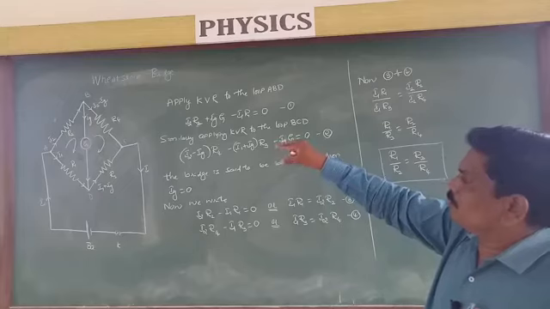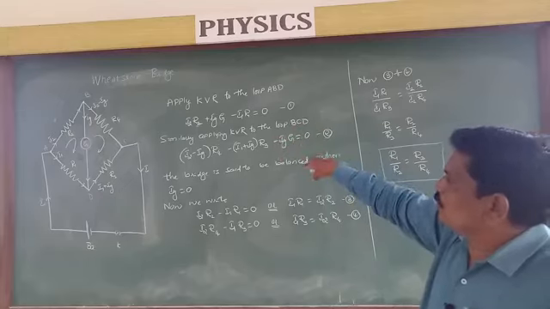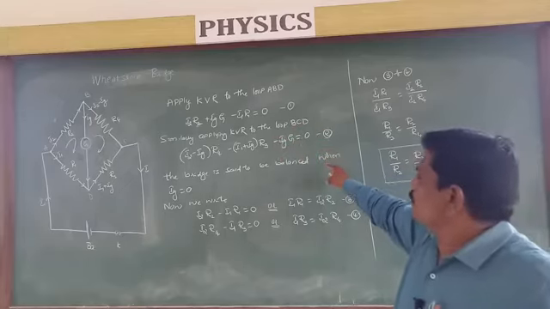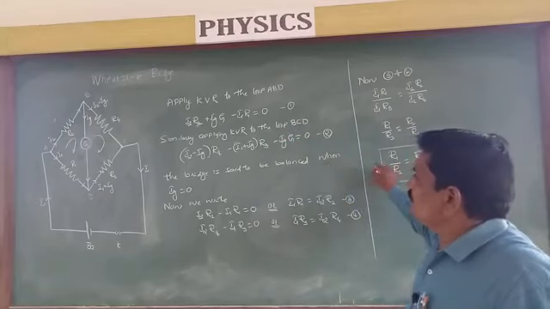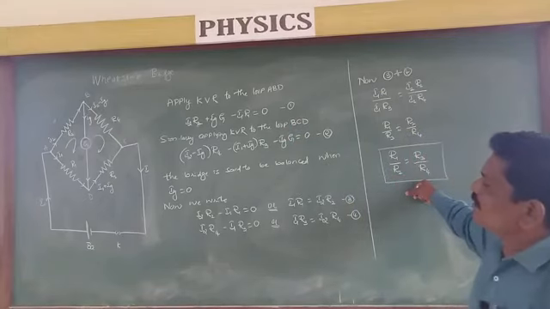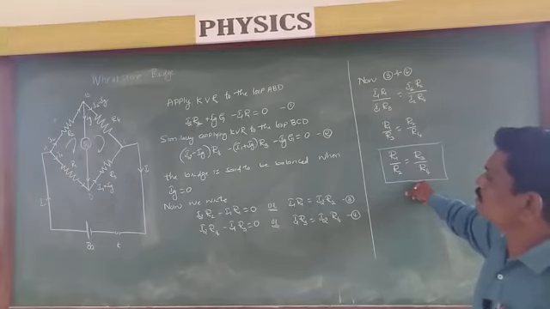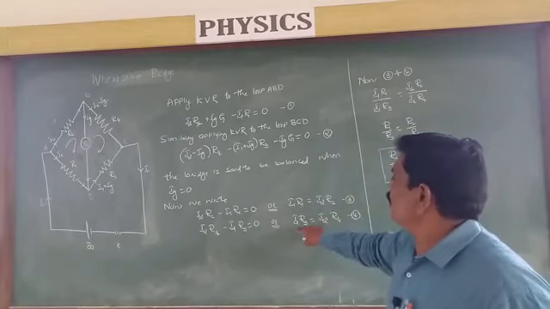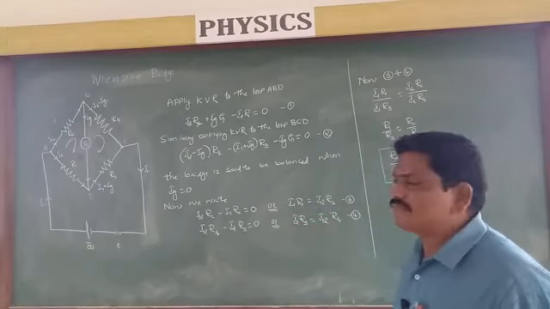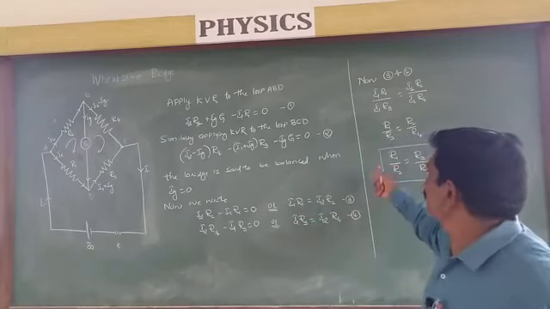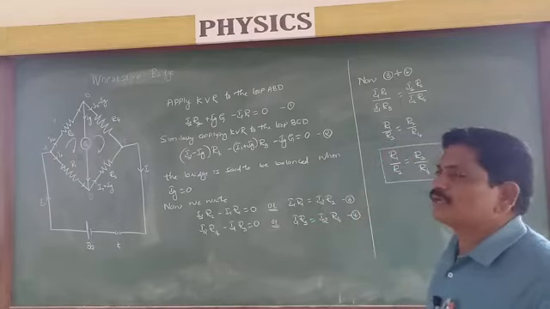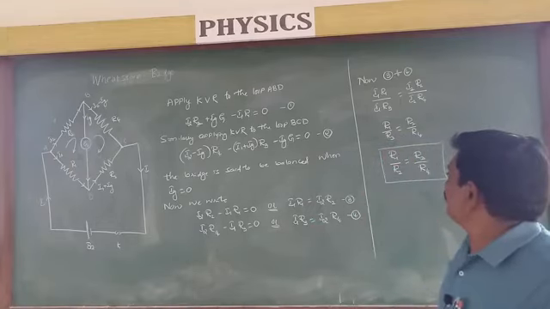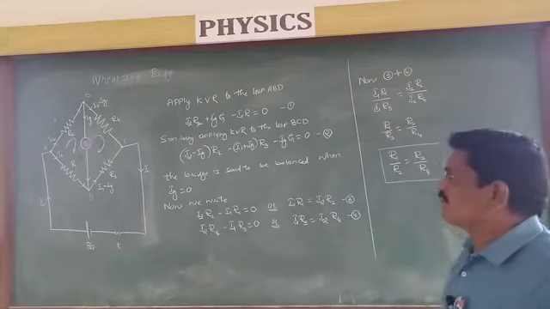You just have to apply Kirchhoff's voltage rule 2 times, and this condition is very important. When the bridge is balanced, then the current through the galvanometer is 0. Then the equations are reduced to I1 R1 equal to I2 R2 and I1 R3 equal to I2 R4. And by taking the ratio and simplifying, we will get R1 by R2 equal to R3 by R4.